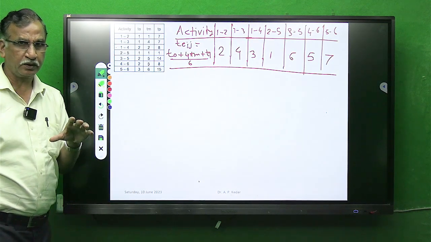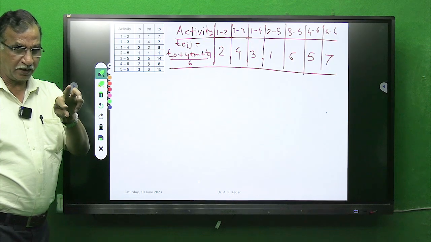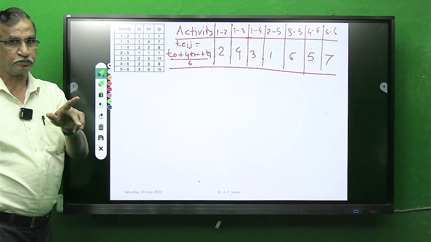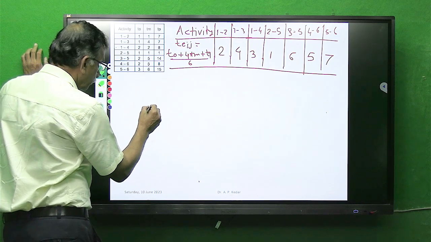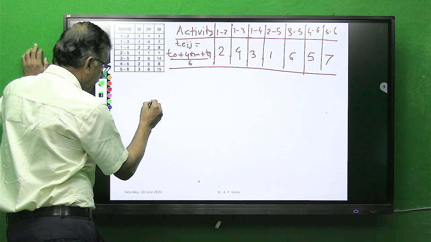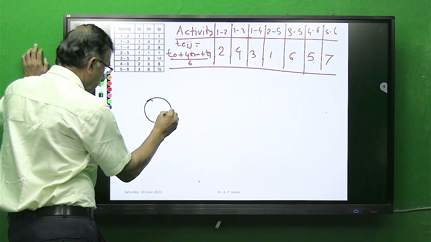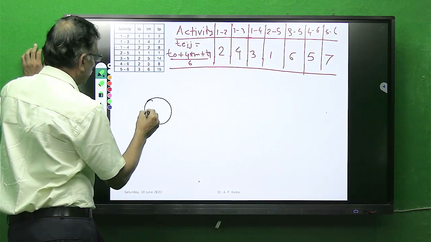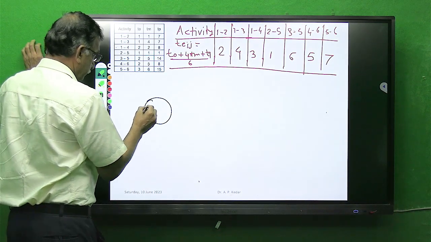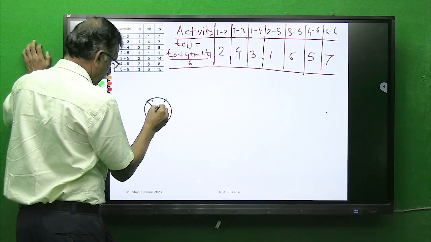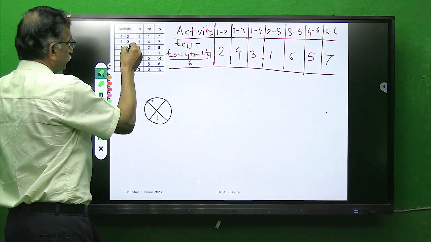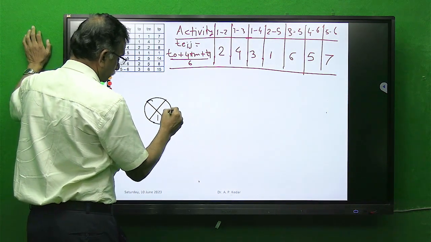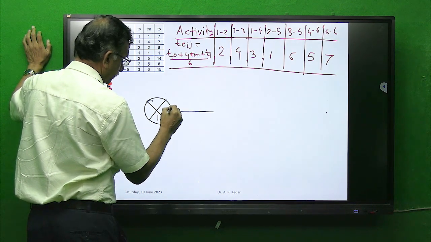You may need to alter or arrange the activity locations. So suppose this is event 1, from 1 it goes to 2, 3, 4.